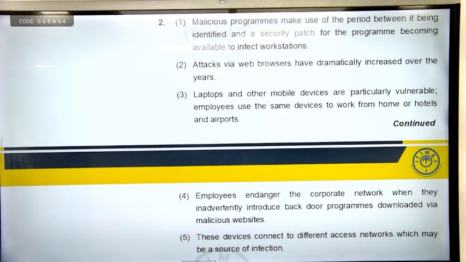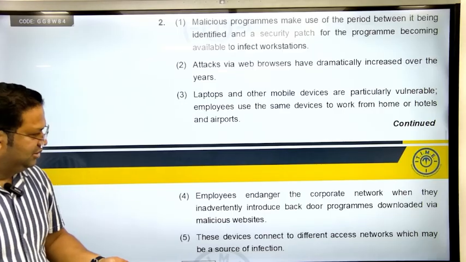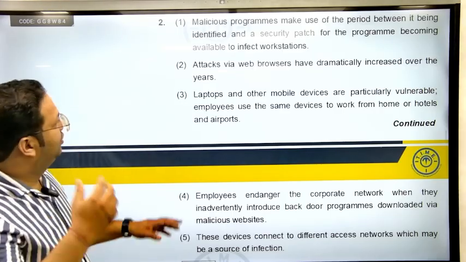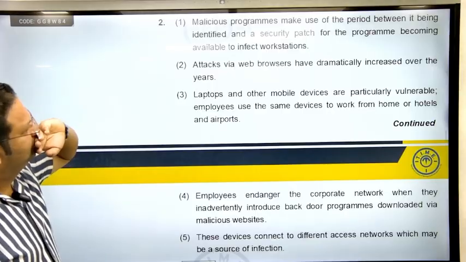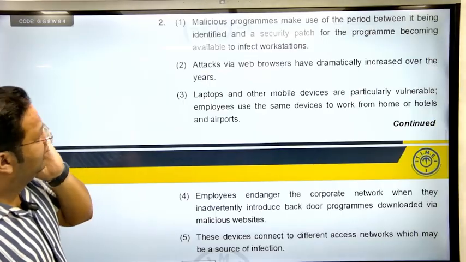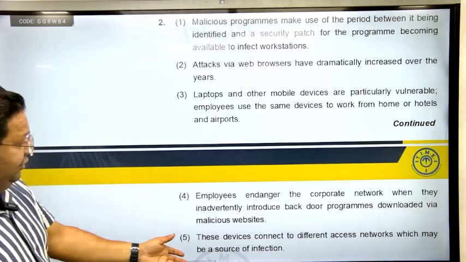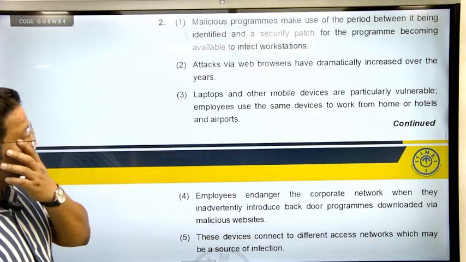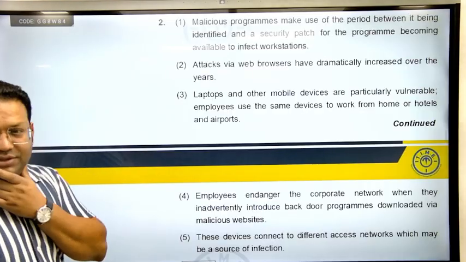Followed by something that is again talking about the attacks, or maybe taking it a little further. So let's say attacks via web browsers have dramatically increased over the years. These devices connect to different networks, or employees endanger the corporate network when they inadvertently. What is inadvertently?